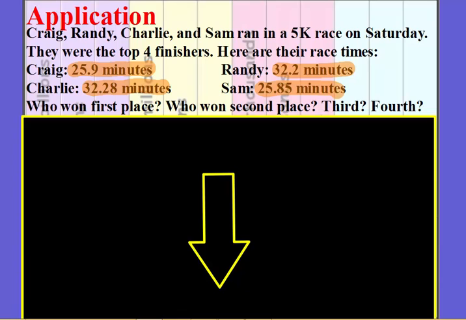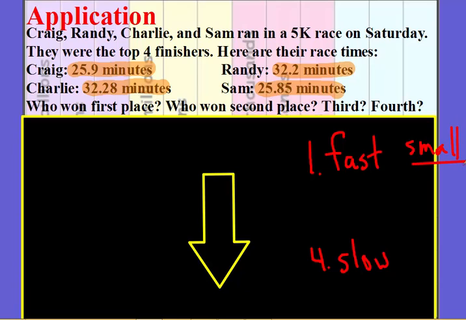Well, when I'm running, remember, I want the fastest times on top. The slowest times are on the bottom. And when I'm working with minutes, fast means less. So I want the small numbers up top, the larger numbers on the bottom. So how can I do that?